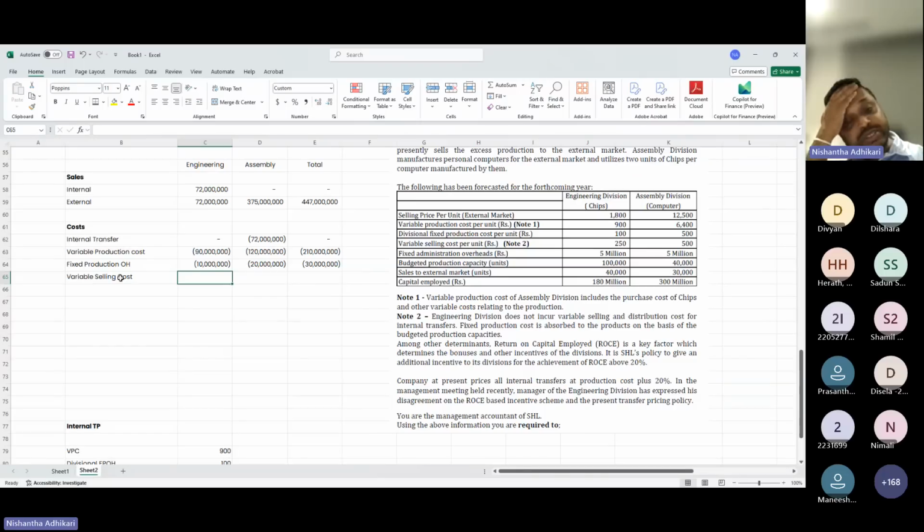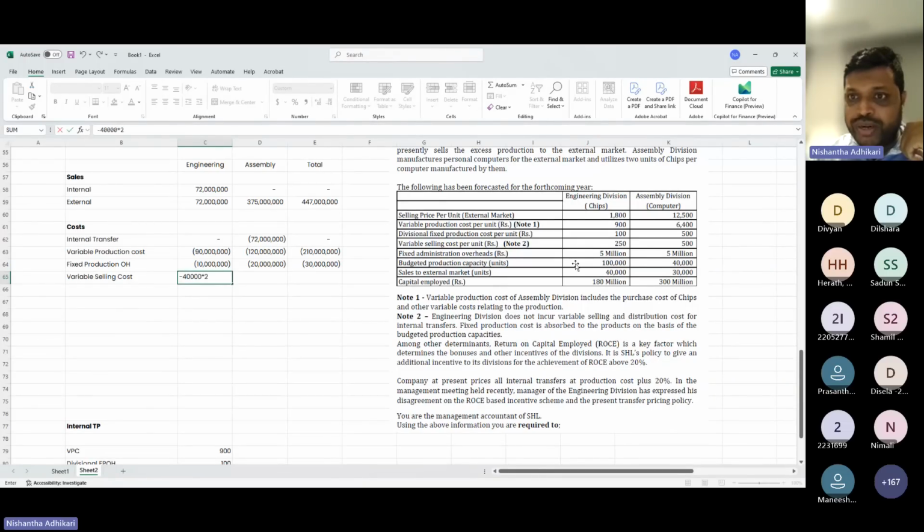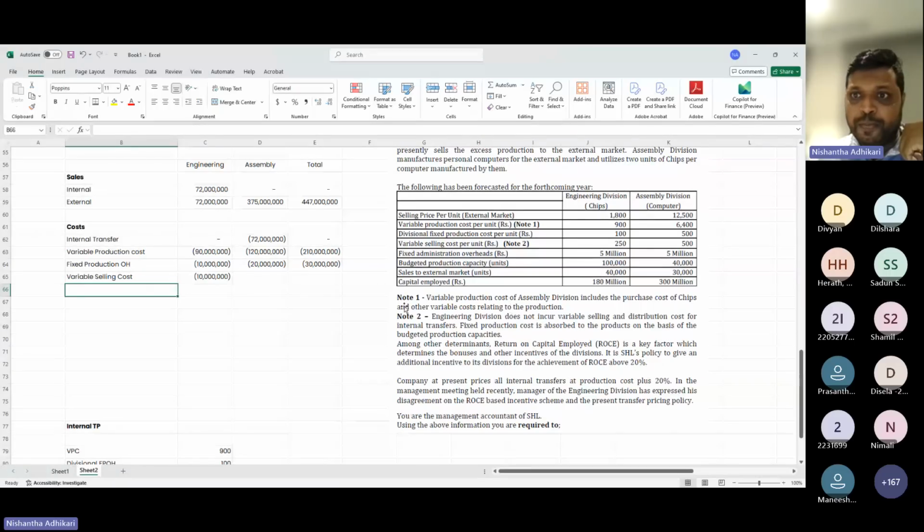Then variable selling cost. I'm going fast because it would be better if I could draw the diagram and explain, but I don't have much time to explain. But I will do this one quickly. Variable selling cost 250. Internal transfers, you won't incur any cost. External sales 40,000 units at 250 each, that is 10 million.